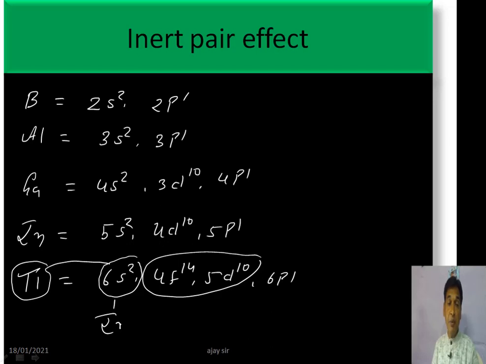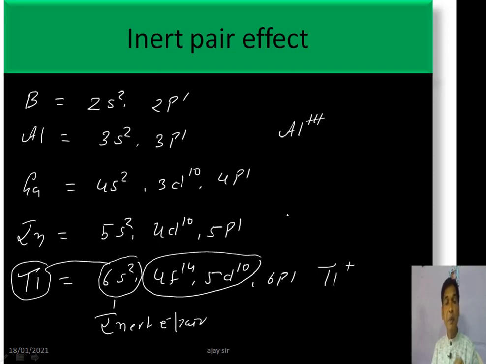Then this electron pair is called the inert electron pair. But what is the effect produced? Thallium forms the stable thallous ion, and aluminium always forms trivalent ions, because in thallium the 6s electrons are strongly attracted by the nucleus and do not participate in bonding or exhibit the oxidation number.